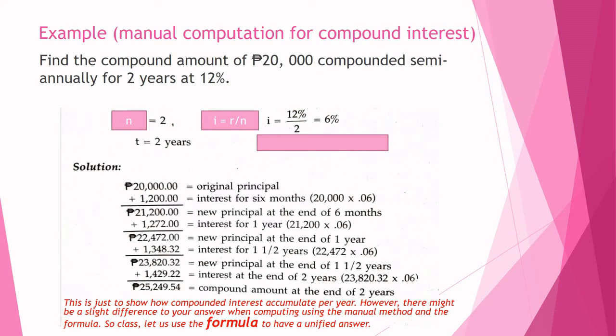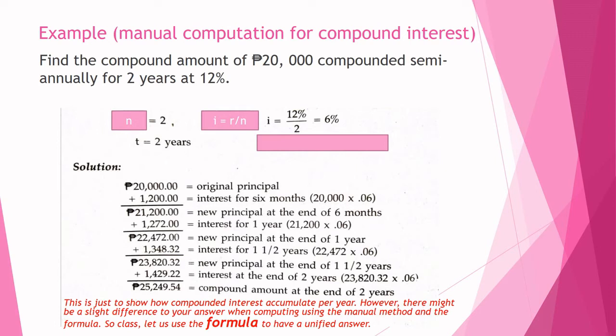So example, class, this is a manual computation for compound interest. It shows that your original amount is added to your principal amount, and that new sum or new total is what we use to get the interest for the next year. So it keeps increasing. This is just how the interest is accumulated per year when we use manual computation.